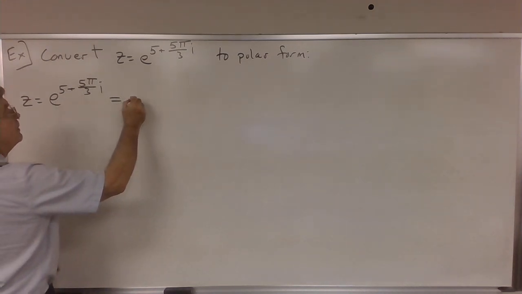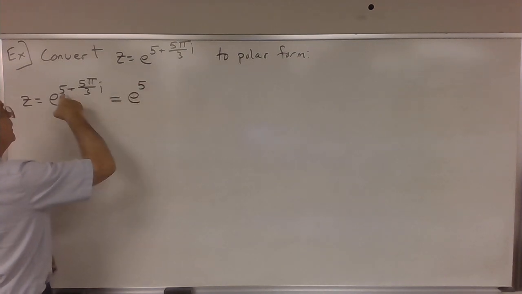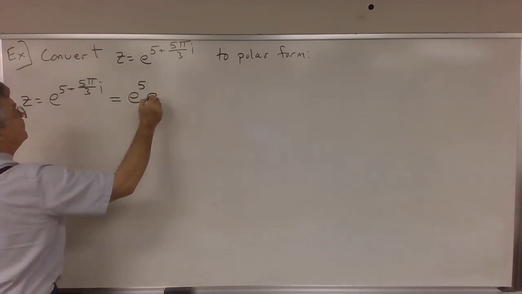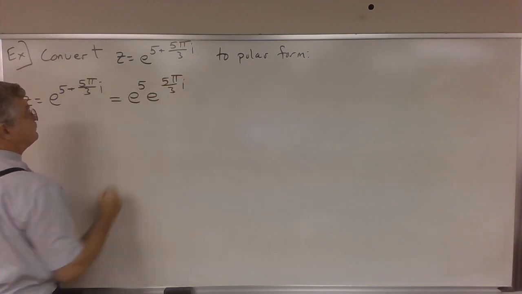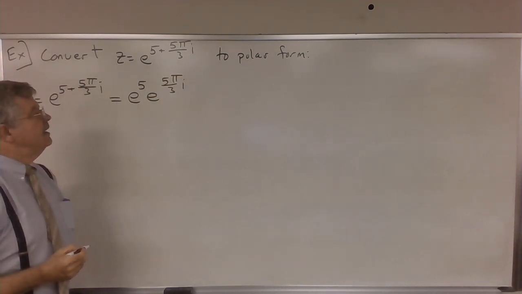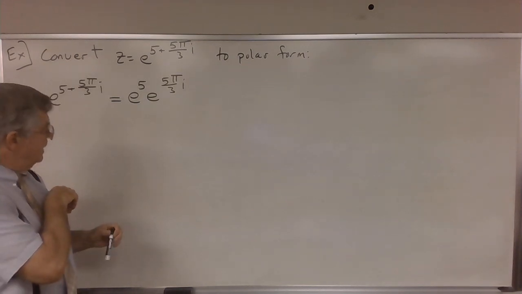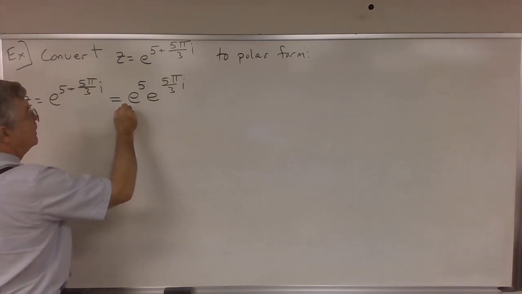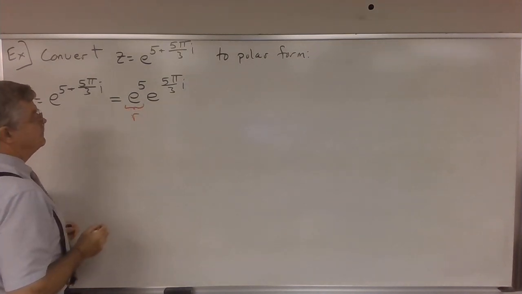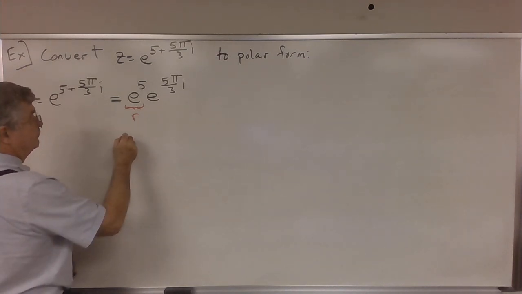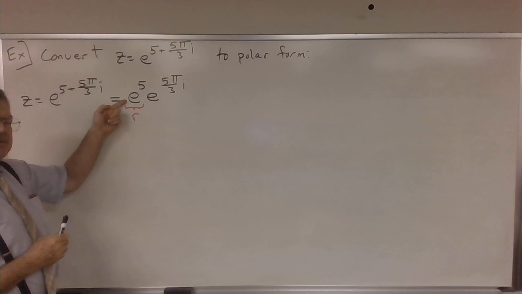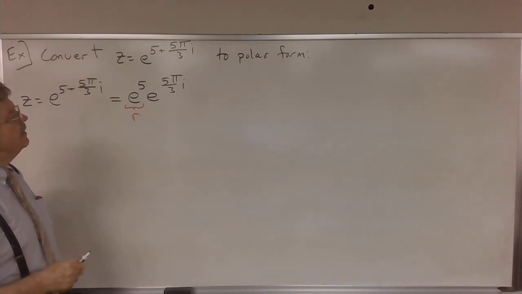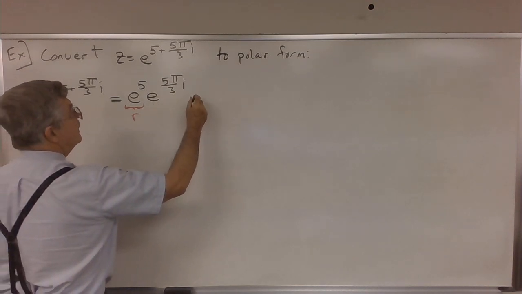We can break that up into the product of e to the 5 times e to the 5 pi over 3 i, and this thing we recognize as being r, and so I guess we don't really have to do anything with that, do we? But there is something we can do with this.